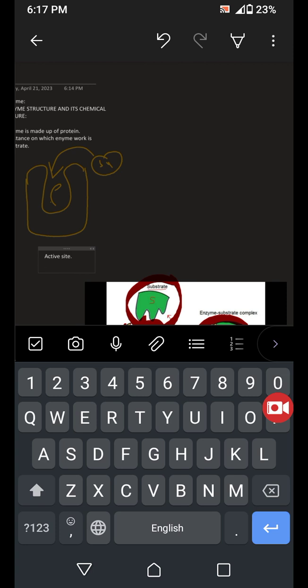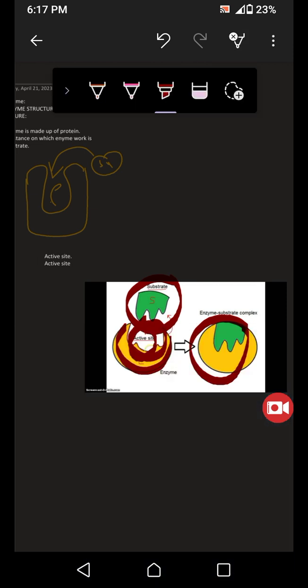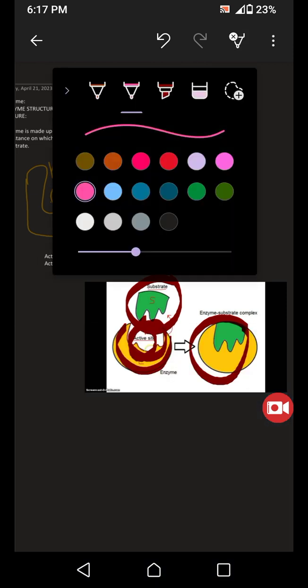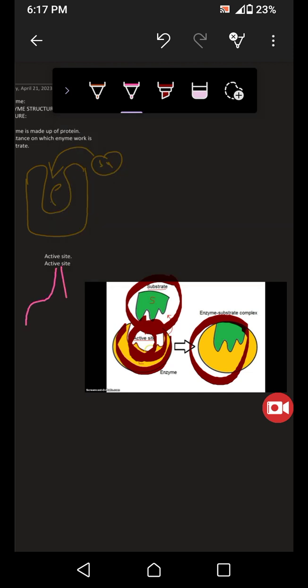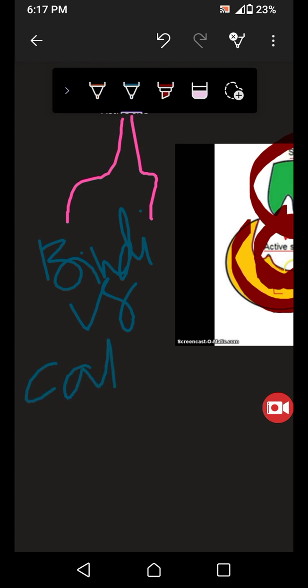Then there are two types of sites. The active site is divided into two parts. The first one is known as the binding site, and the second one is known as the catalytic site.